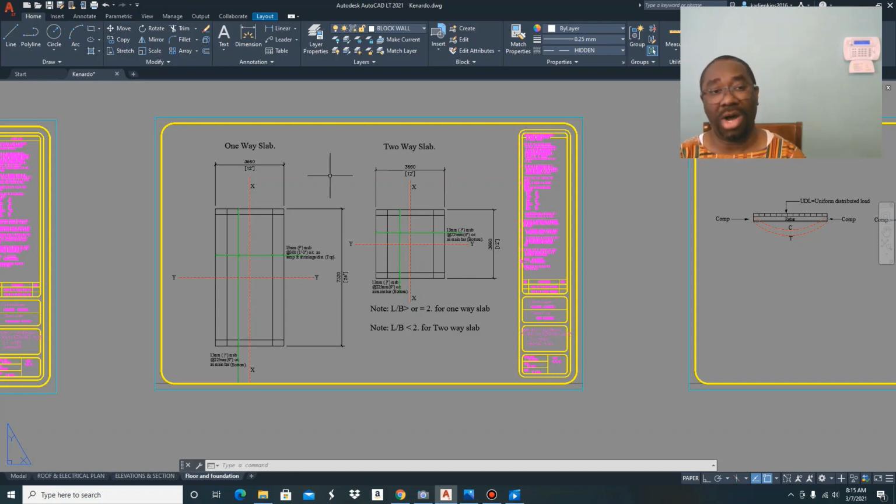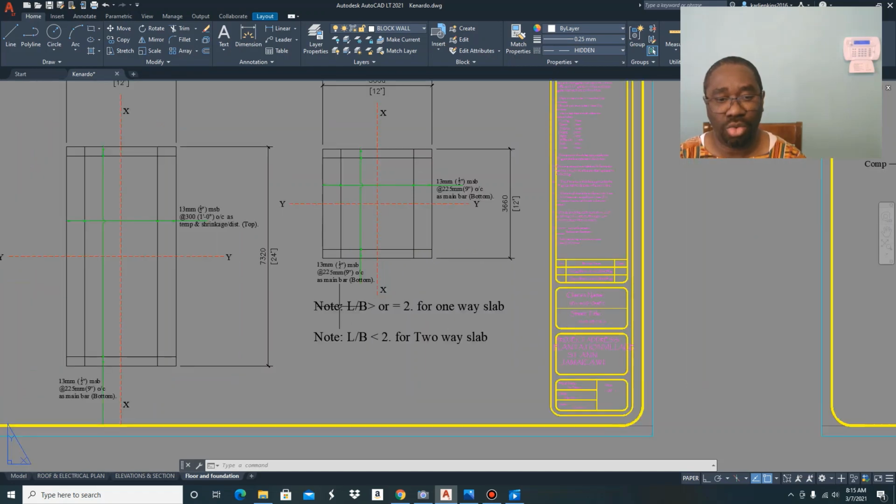So in a one-way slab, if the ratio of your long side to your short side is equal to 2 or greater, you're dealing with a one-way slab. And in the other instance, in a two-way slab, if the ratio of the sides is less than 2, that is a two-way slab.